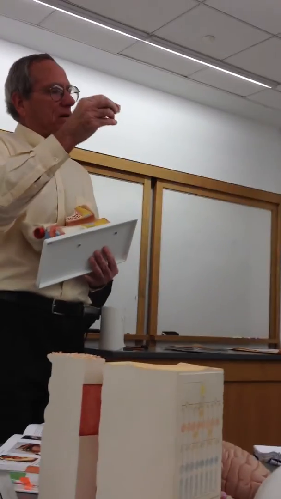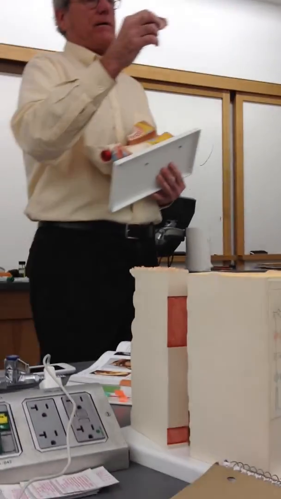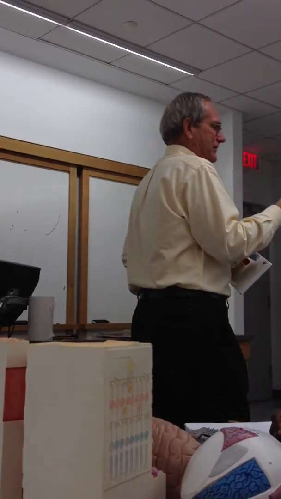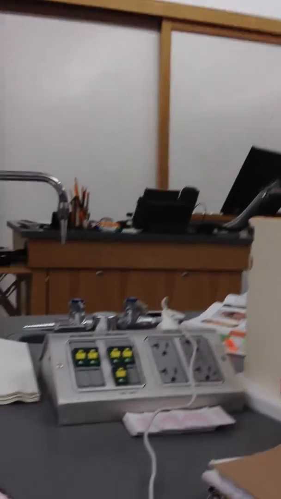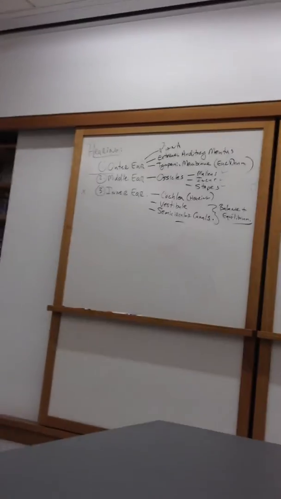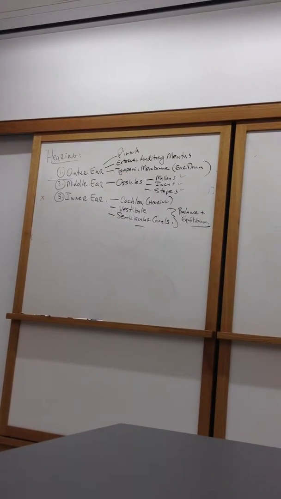Once the sound wave hits the membrane, it rattles the malleus, and as the malleus starts to vibrate, it then vibrates the incus, which is the second ossicle, and the incus vibrates the stapes, which is this third little piece here, in this little model.